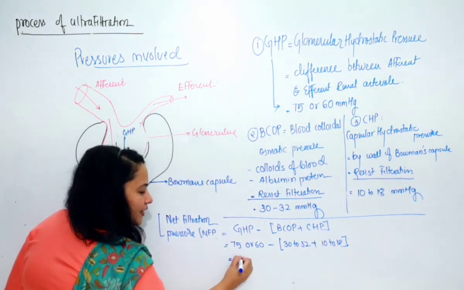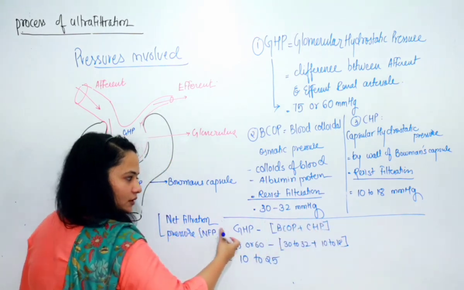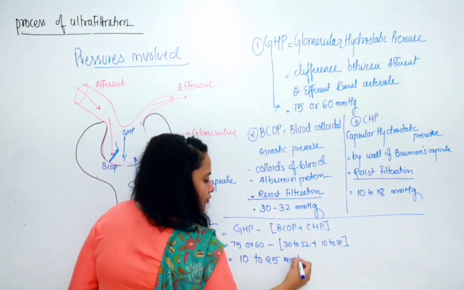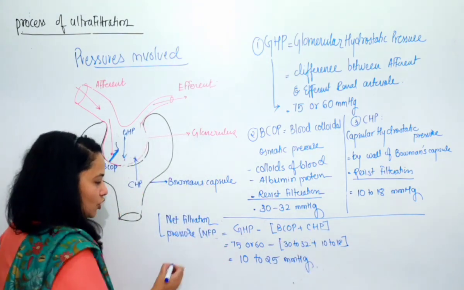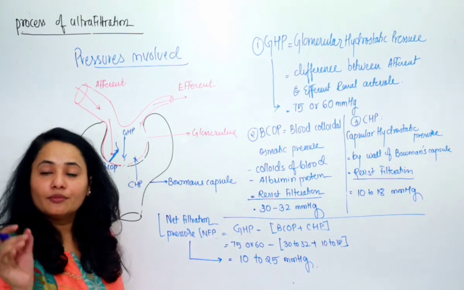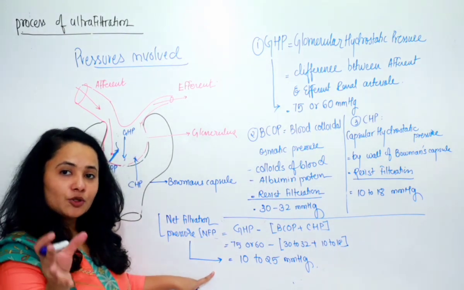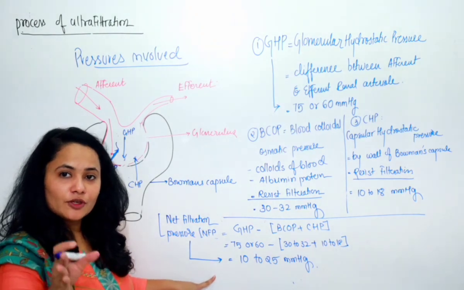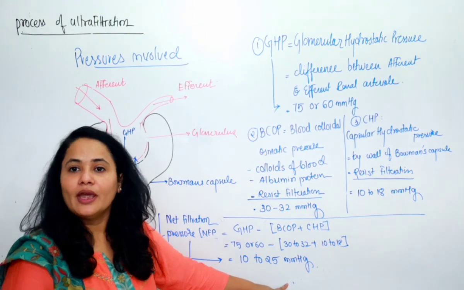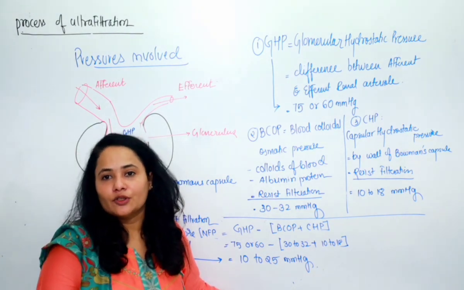Calculating all these, we'll get something around 10 to 25 mmHg. So this is exactly the filtration pressure. How much is the filtration pressure? It means at how much pressure the filtration, the ultrafiltration process, is happening in our kidney. So that is 10 to 25 mmHg. So this is all about the ultrafiltration process.